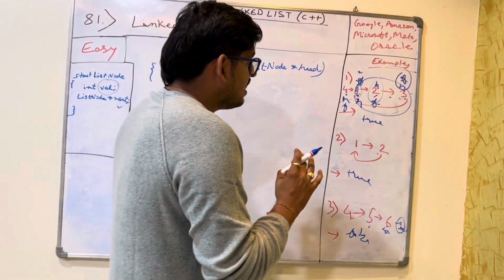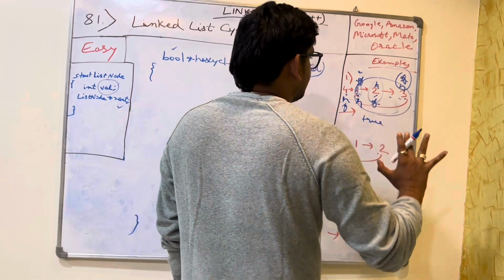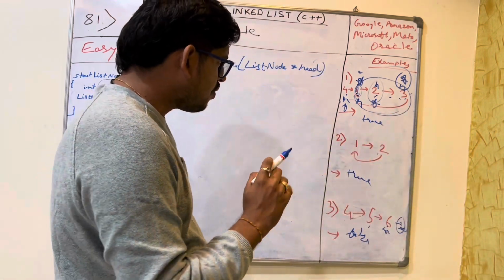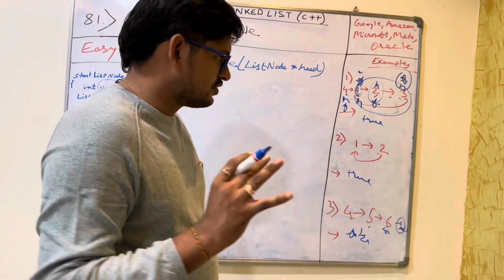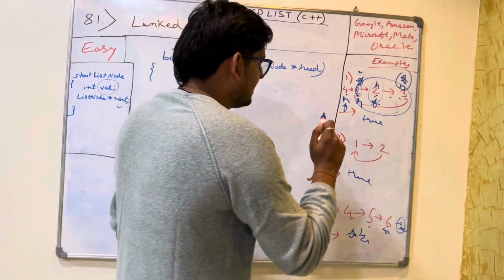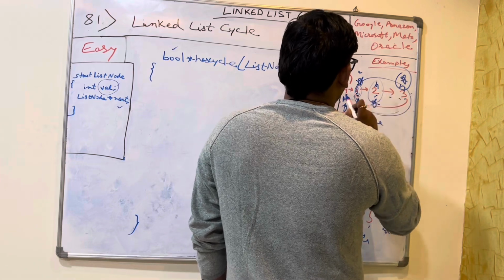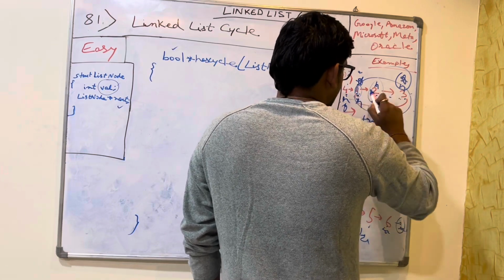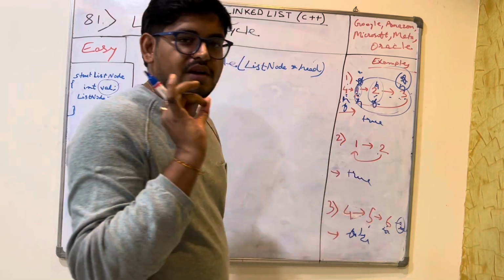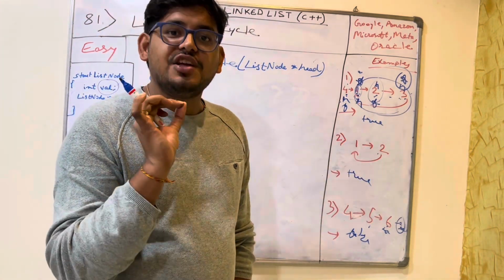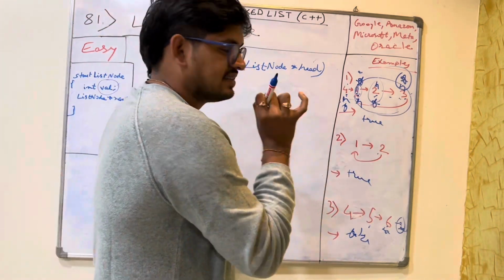So you can try every example. There is also an algorithm which proves that if there is a cycle and we have fast moving twice and slow moving one step, at one point they will meet. And if they meet, that means there is a cycle.